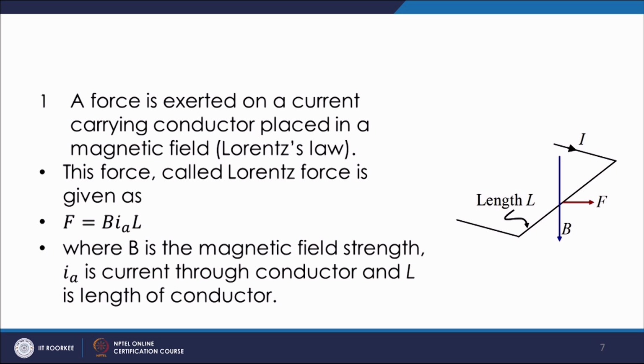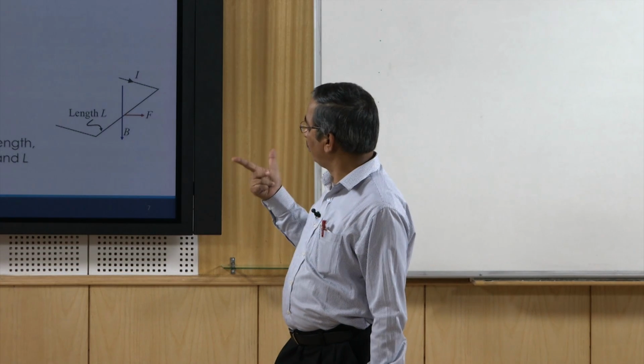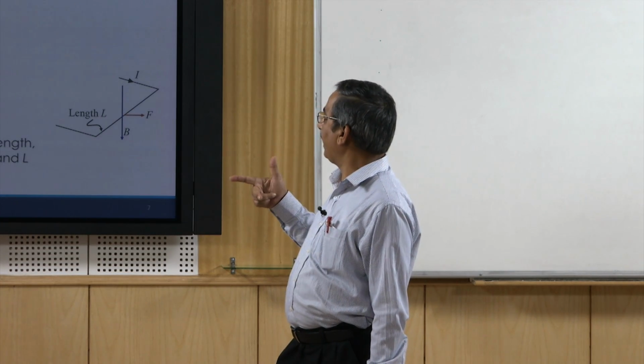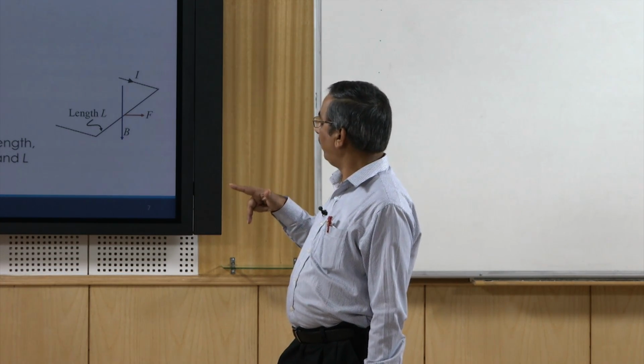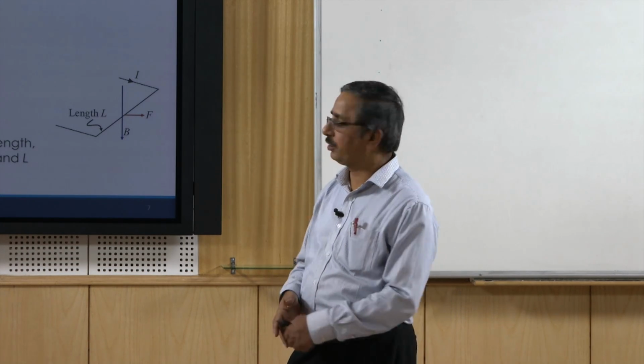This is what we also call the Lorentz law. And this direction can be given by the right hand rule. Through the right hand rule, for a given direction of the current and field, you can find out where the force is going to act.